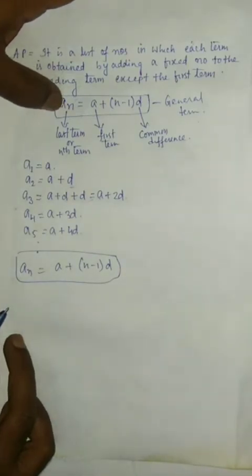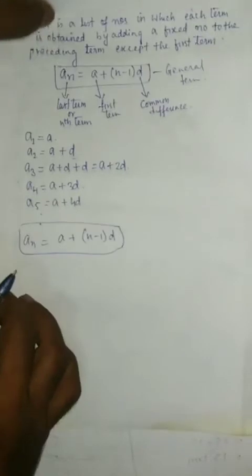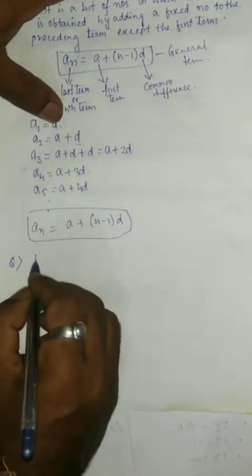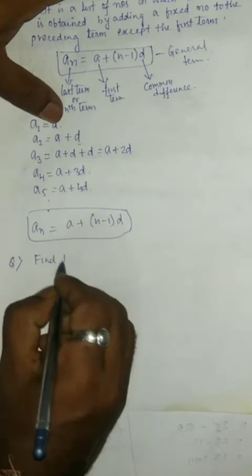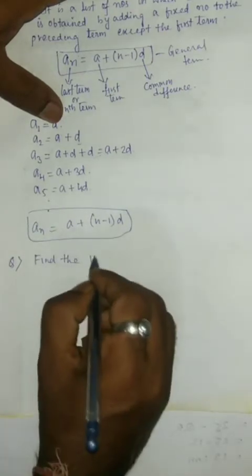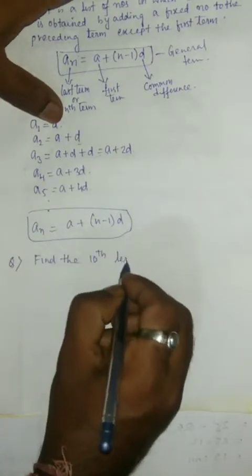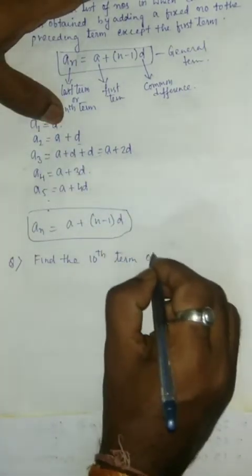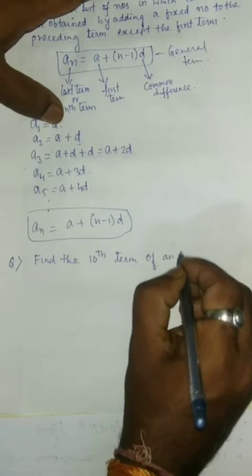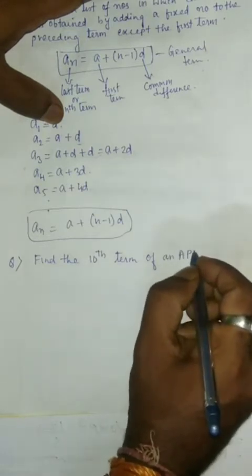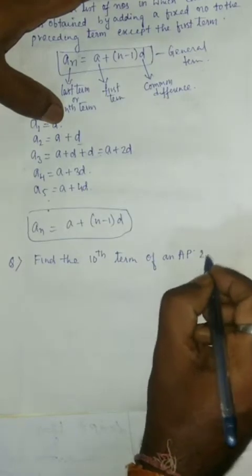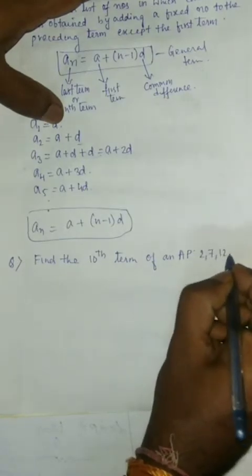Let me begin with a simple problem. Find the 10th term of an AP 2, 7, 12, dot dot.